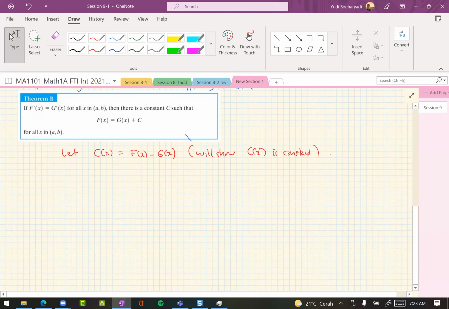Okay, so let's fix a number, say x, a real number. What we're doing here, let's compute this one.